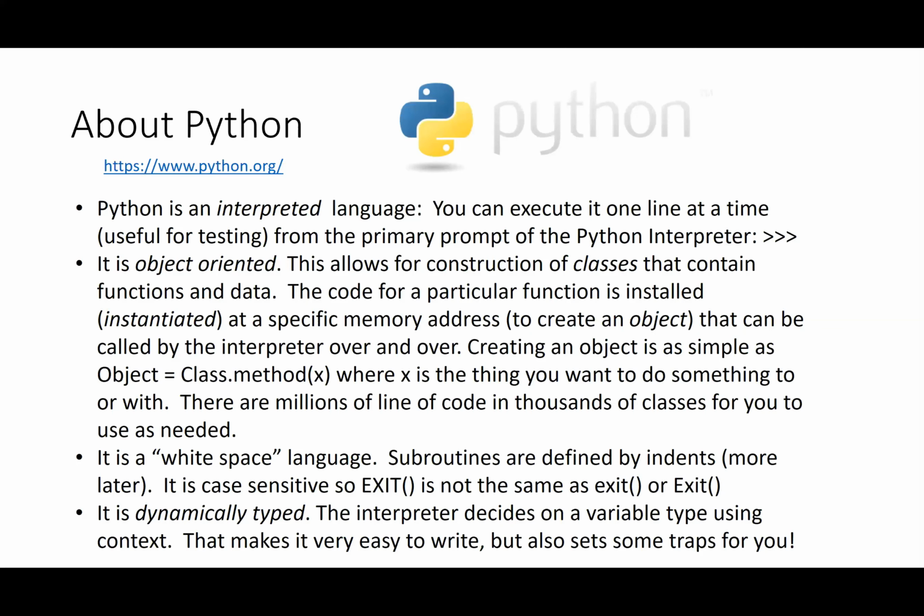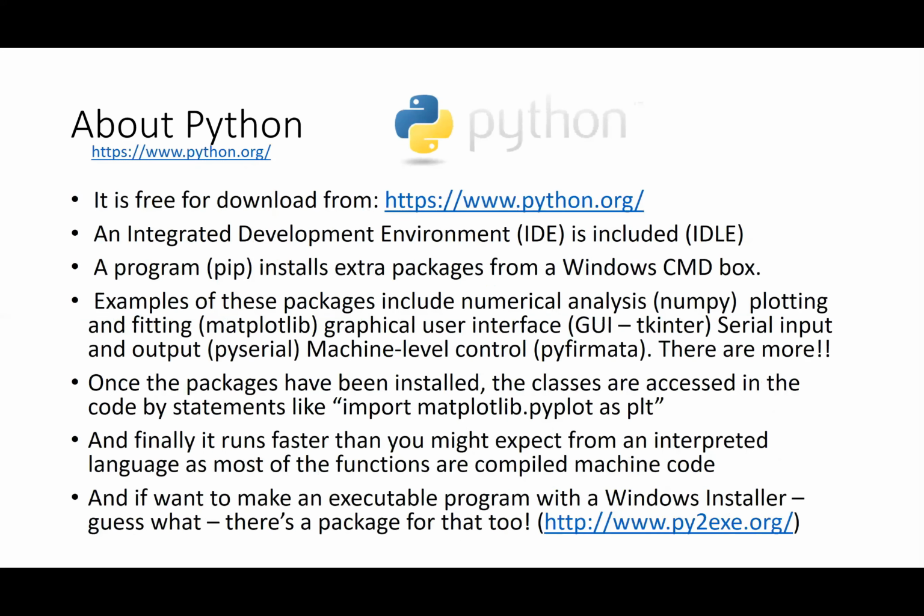So for example, if you say x equals 1, it will figure you want to use an integer for x. If you say x is 1.0, it will figure that you want a double, i.e. a total of 4 bytes of memory set aside. There can be some complications, and we'll talk about that in the section on Python.